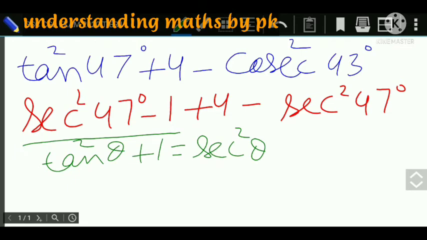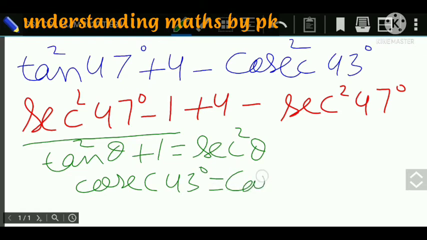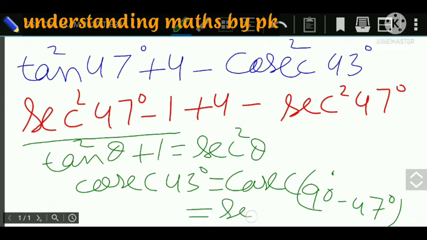Here numeric value 4 is as it is, and this cosec 43 degree can be written as cosec 90 degree minus 47, and cosec 90 degree minus theta comes sec theta.